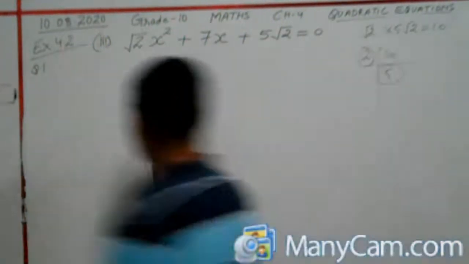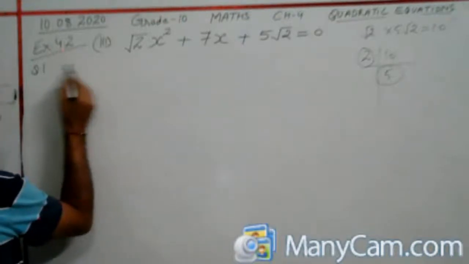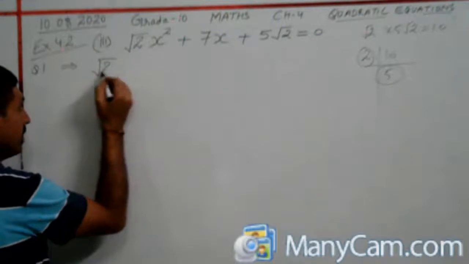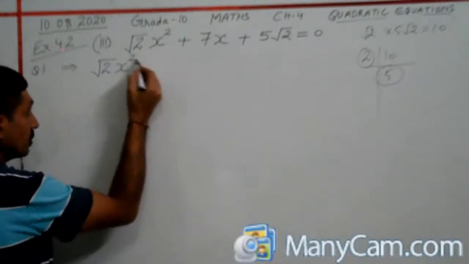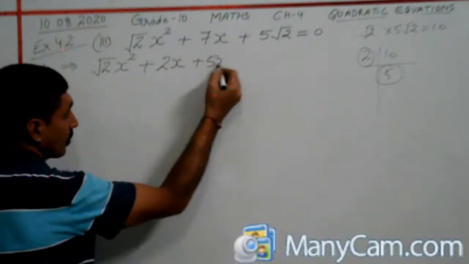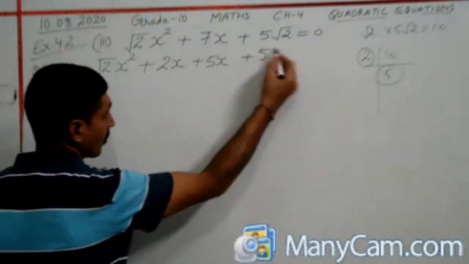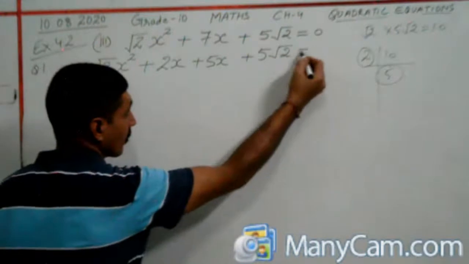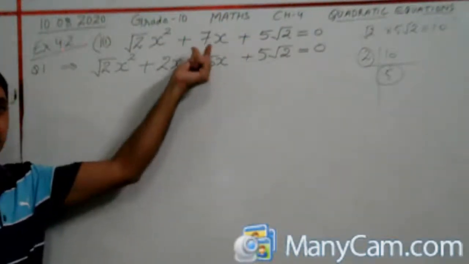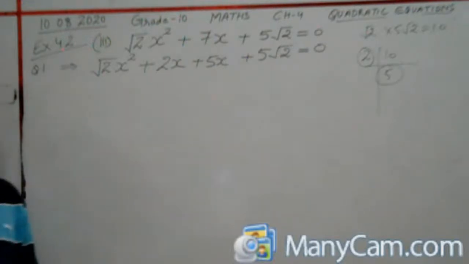Splitting the middle term, 7 can be written as 2 plus 5.